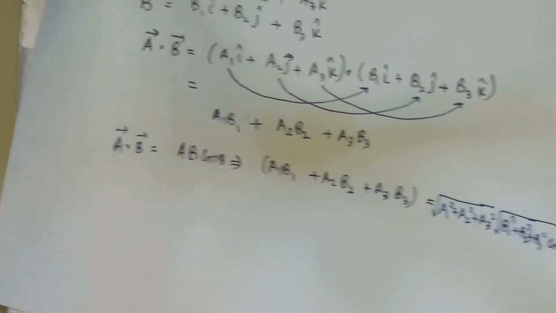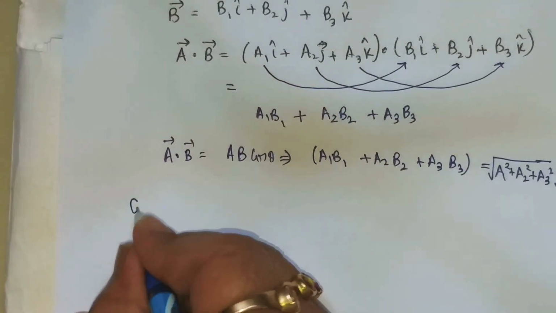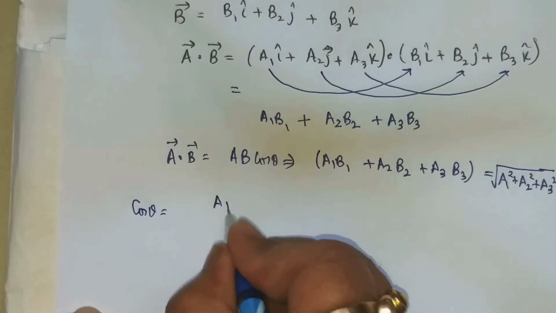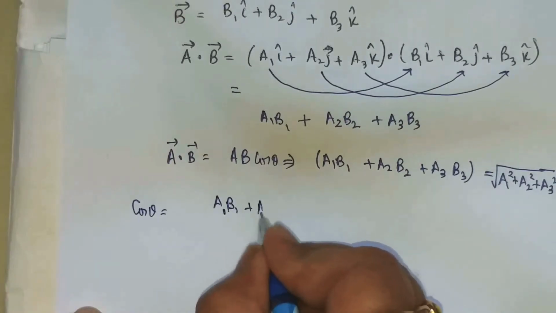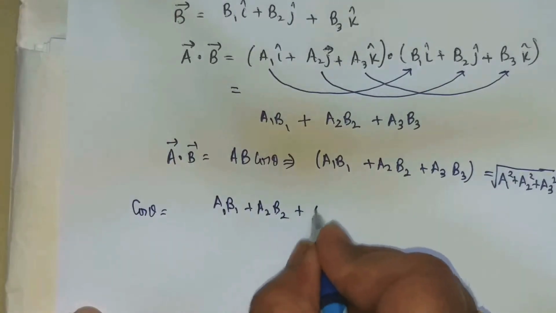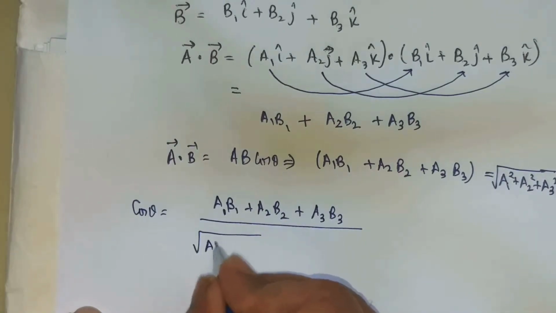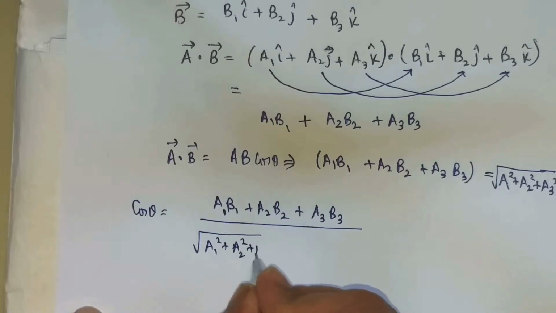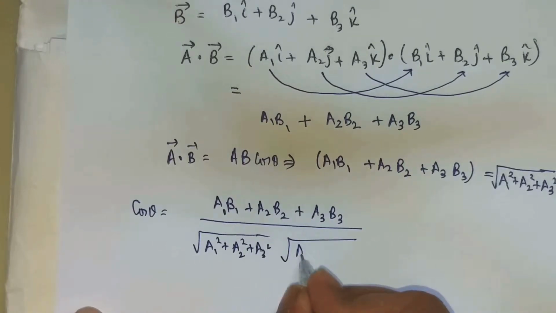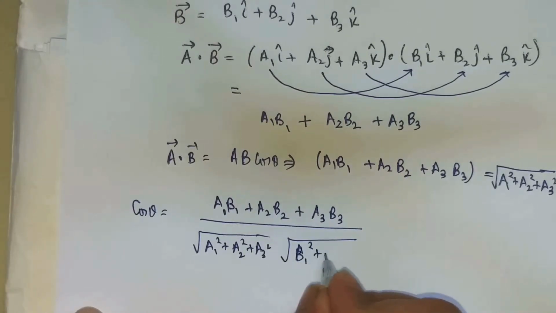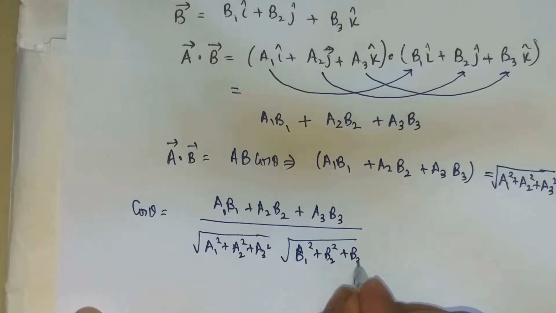Therefore, if cos theta is to be found out, cos theta is a1 b1 plus a2 b2 plus a3 b3 divided by the magnitude of the first vector and the magnitude of the second vector, like this.